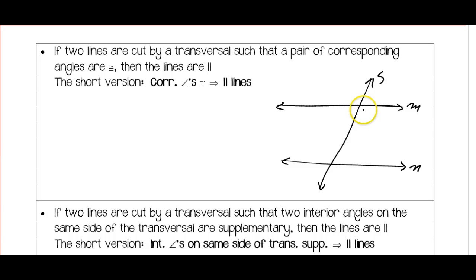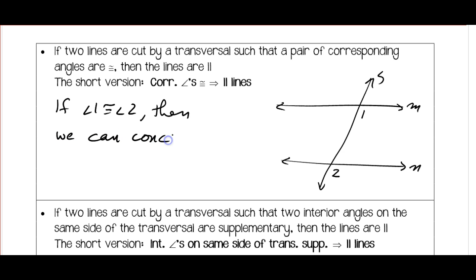So for this one, I'm going to look at angle 1 here and angle 2 here. This is a pair of corresponding angles. So if angle 1 is congruent to angle 2, then we can conclude that M is parallel to N. Okay, so far we have three ways.